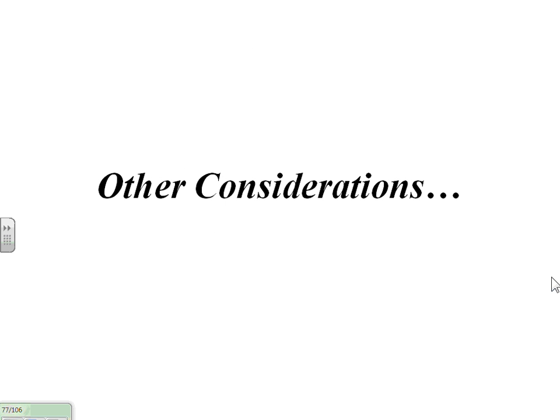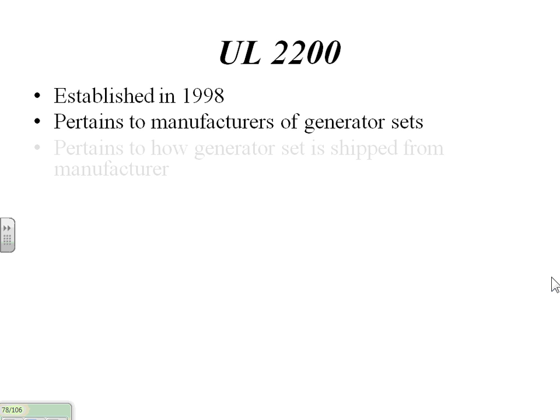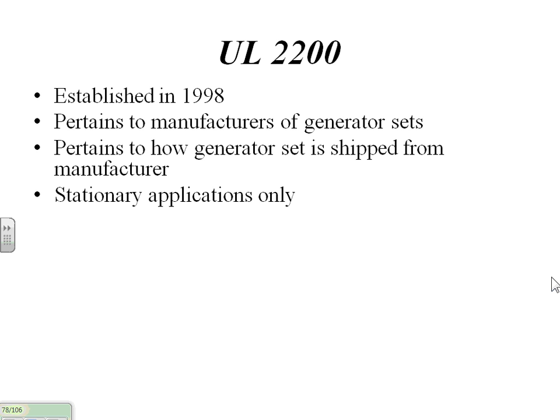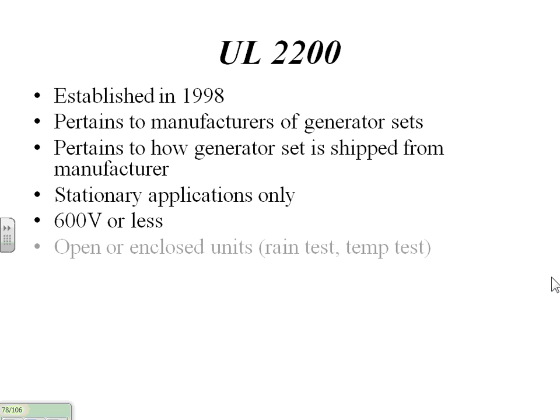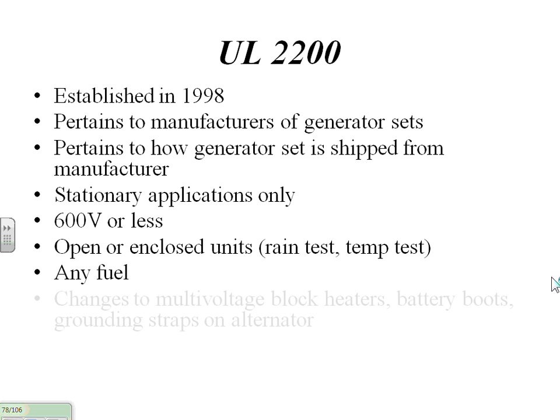Other considerations in design of emergency power systems. UL 2200, I'm not going to spend a lot of time here. It was established in '98, that's a long time ago. Pertains mainly to the manufacturers of generator sets, so we have to manufacture them a certain way, and these are some of the things that they address.